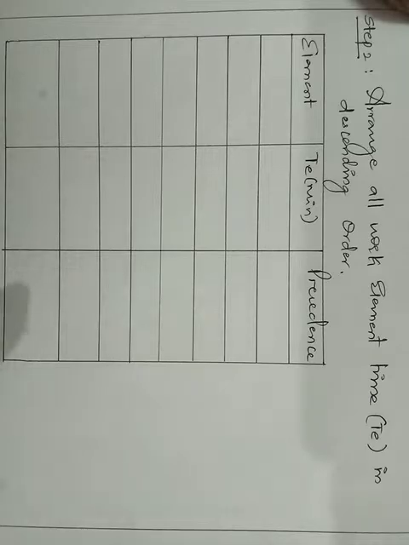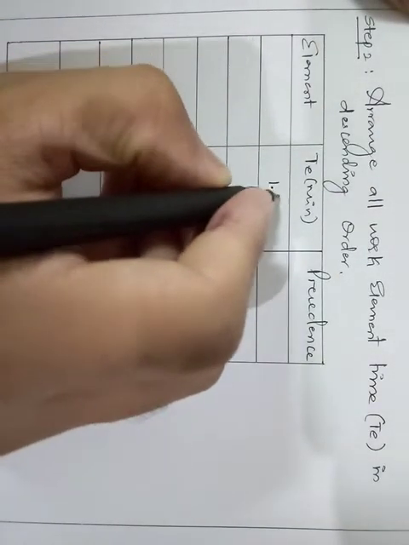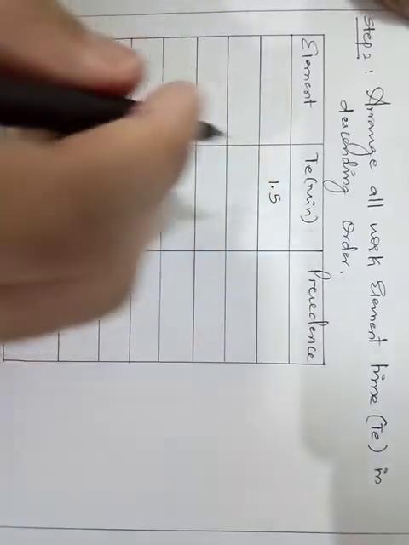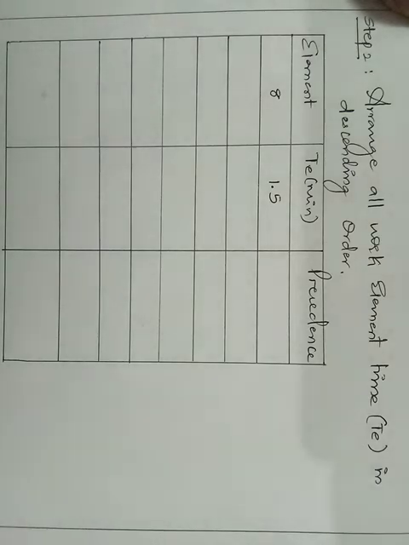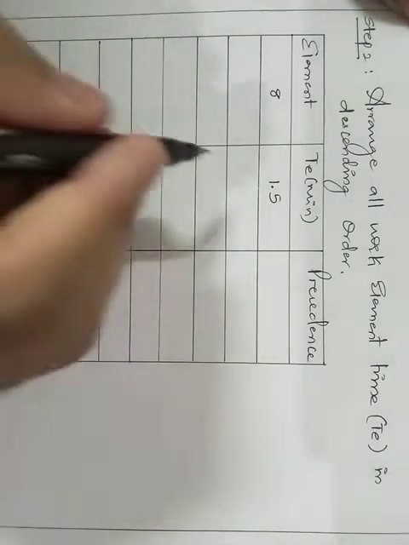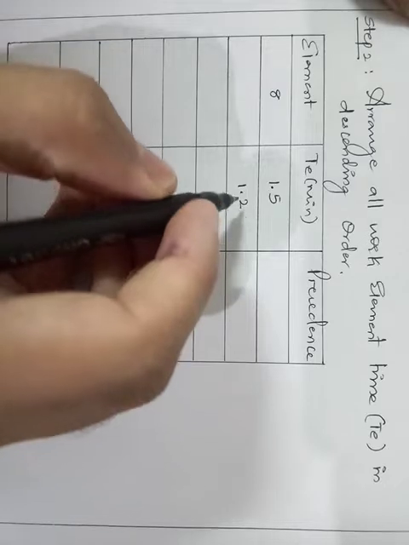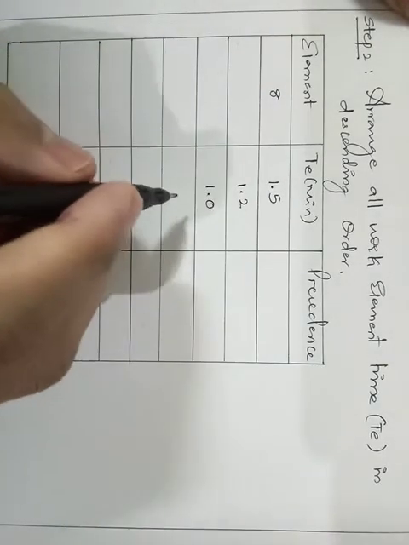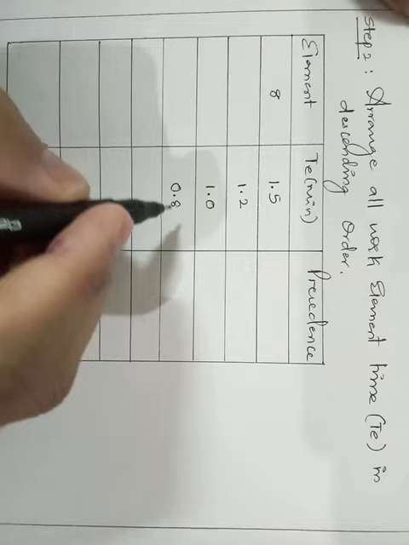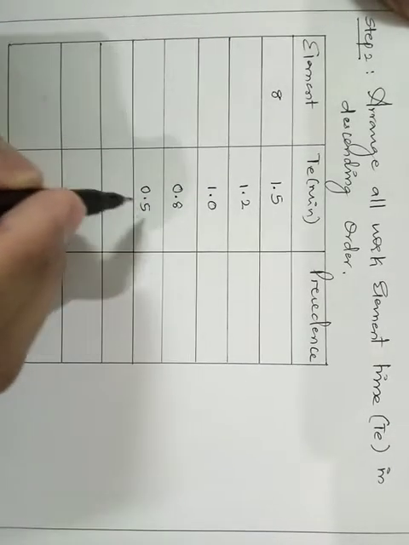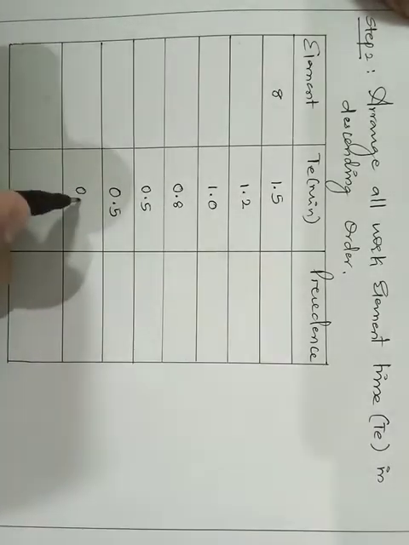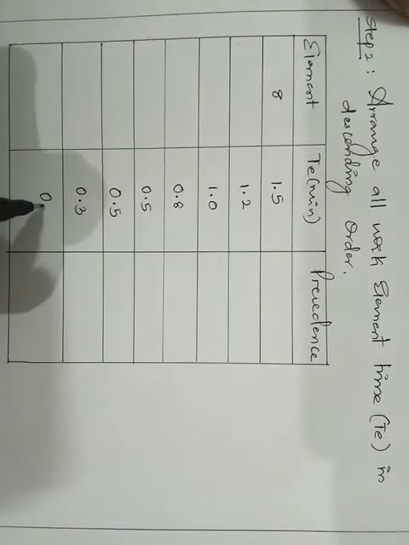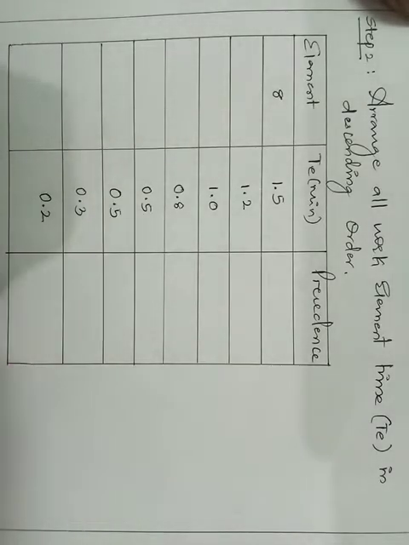So 1.5 is the highest, and it belongs to work element number 8. Next it is 1.2, then 1.0, 0.8, 0.5, once again 0.5, 0.3 and 0.2. These are the work element times in descending order.